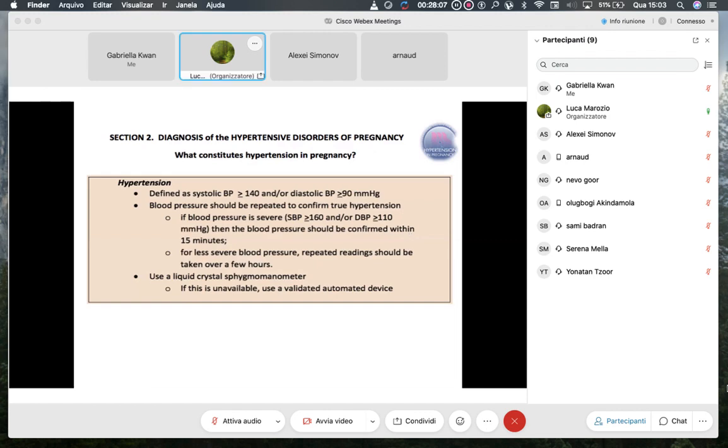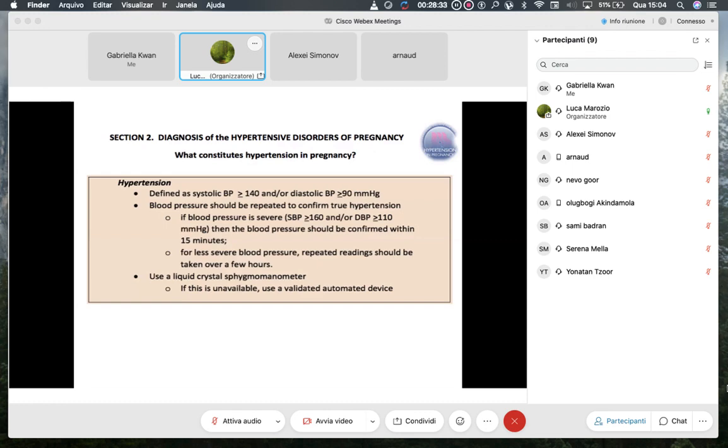One measurement is not enough. For less severe blood pressure elevation, repeated readings should be taken over a few hours, 4 or 6 hours. But remember, one measurement is not sufficient to diagnose hypertension, particularly in pregnancy.